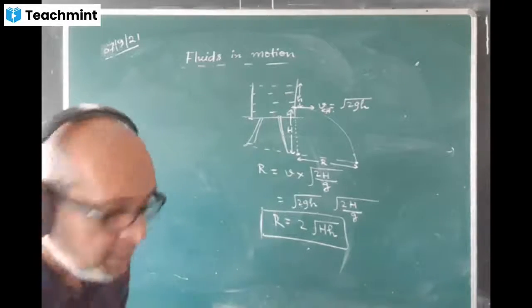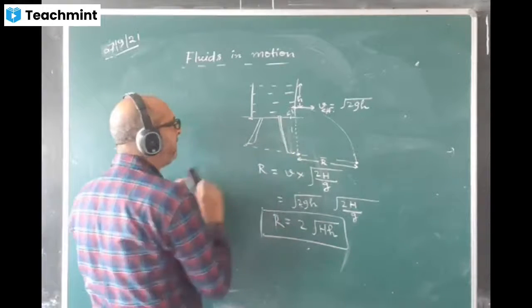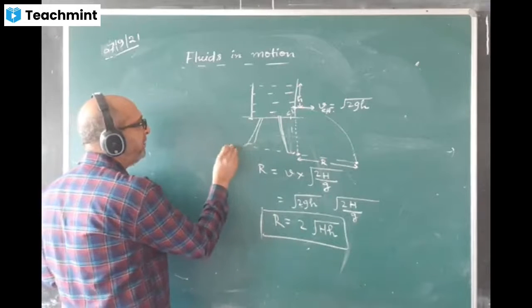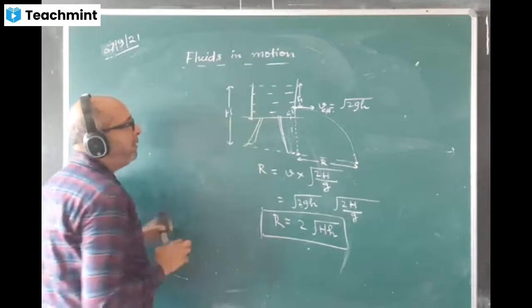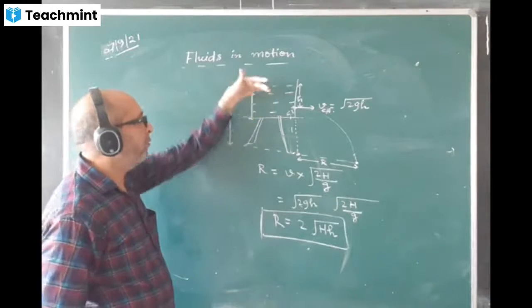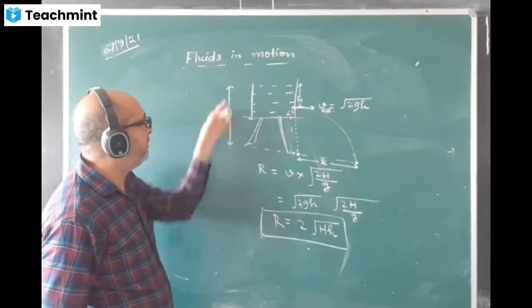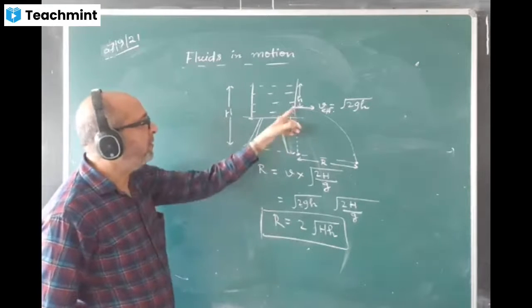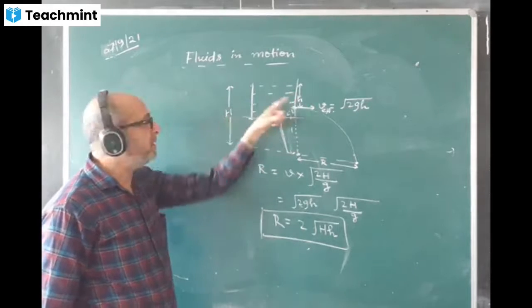Okay, good. By chance, if instead of this height, we are given this height, from here till here, the total height of the free surface of the liquid from the floor is given as capital H. What will be the value of this height? It will be capital H minus small h.